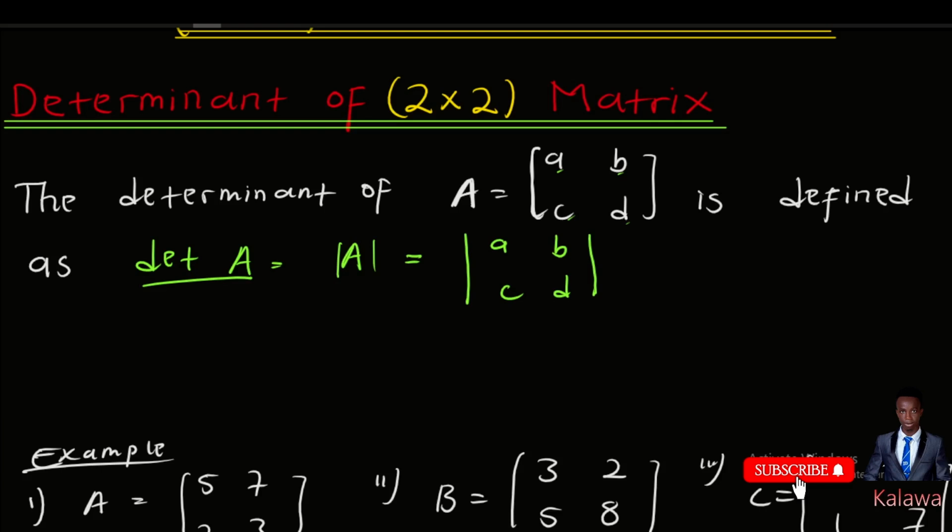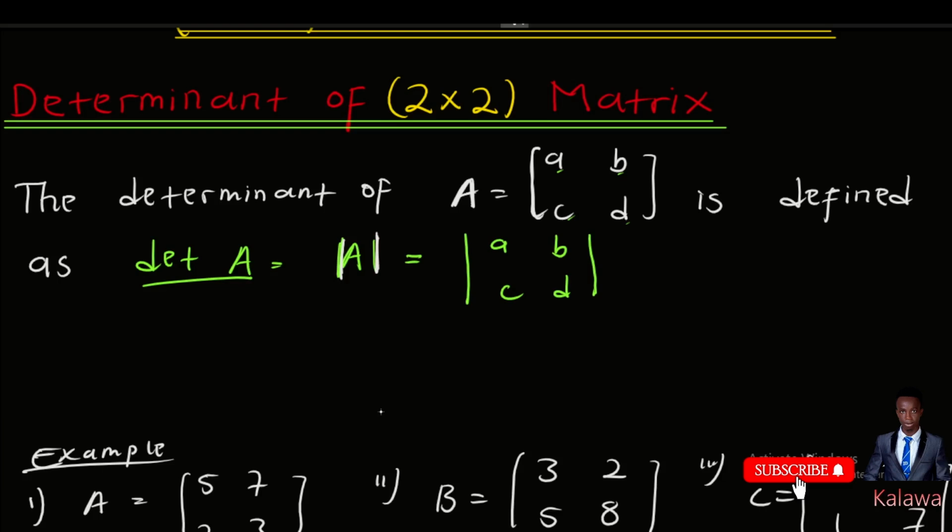For example, if they say find the determinant of a particular matrix and the elements are given, and that particular matrix is denoted by a straight line sign like this, it also means that they are asking us to solve for the determinant of that matrix.